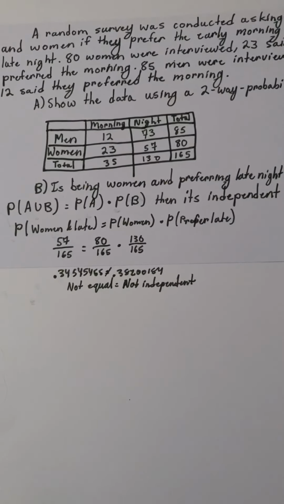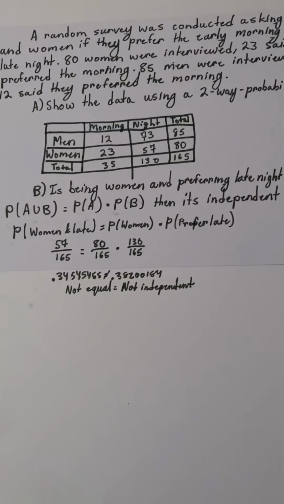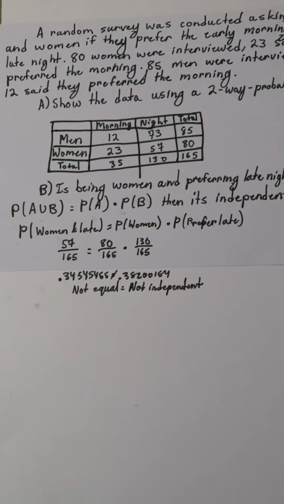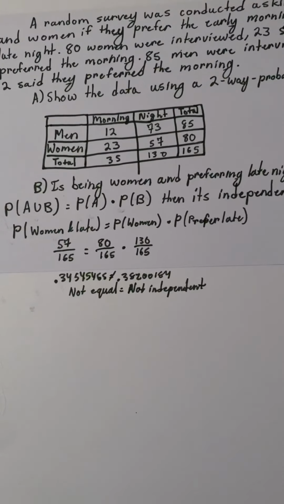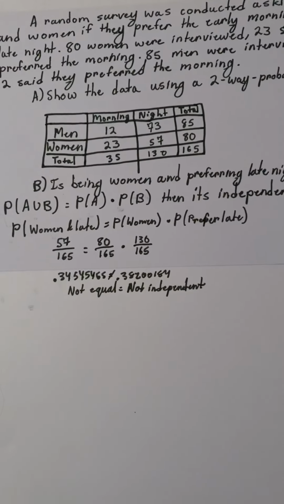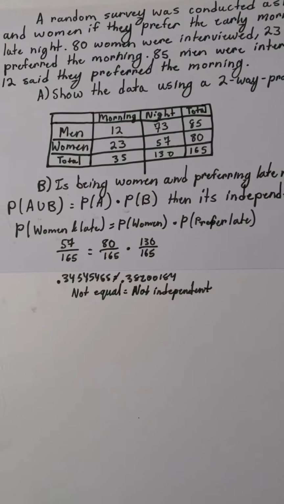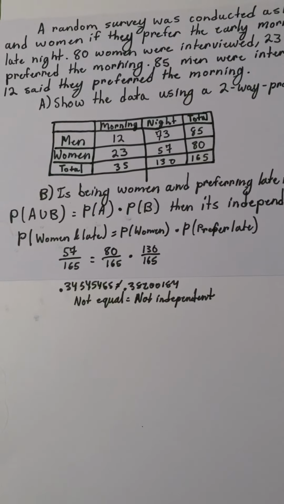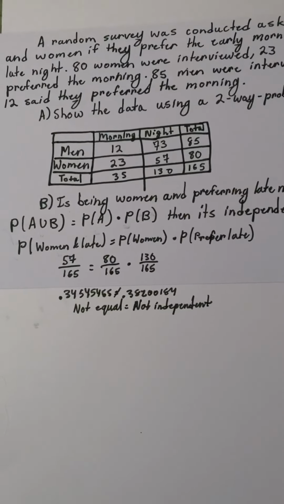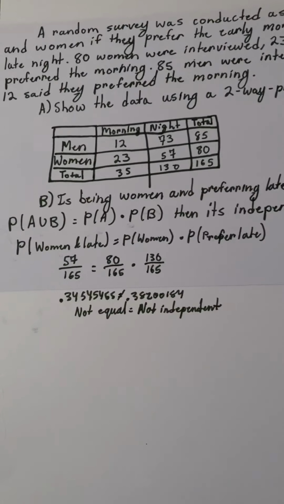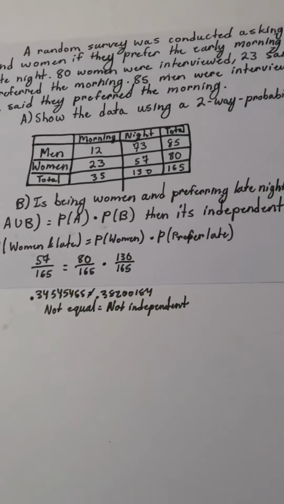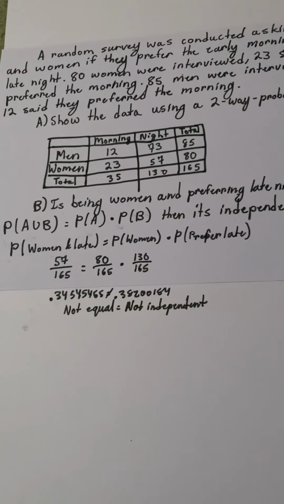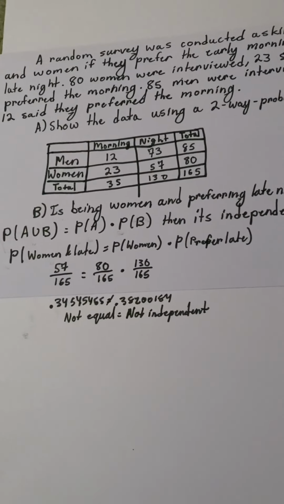So we are looking for the probability of woman and preferring late night, and then we do that is equal to the probability that is a woman and the probability that they prefer late night, which will end up being 57 over 165, because we are looking at the probability that they are both fitting in the woman category and the preferring late night category. And then you're going to do that over the total of 165 possible people.